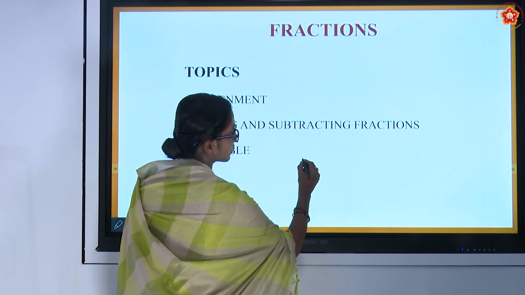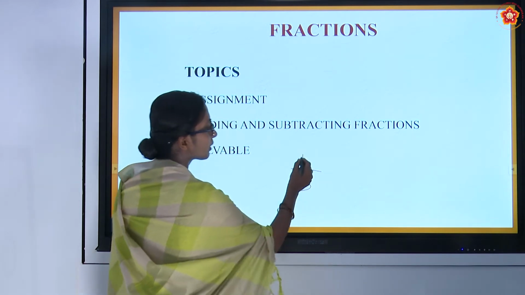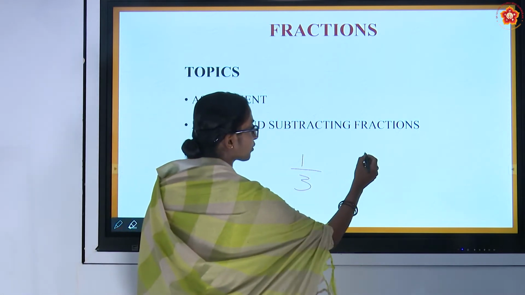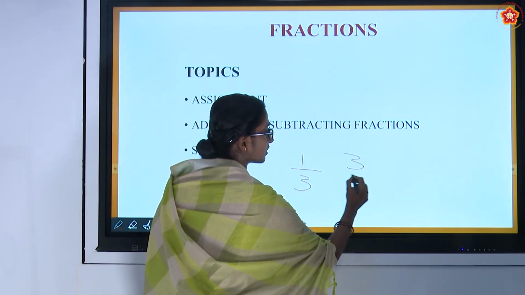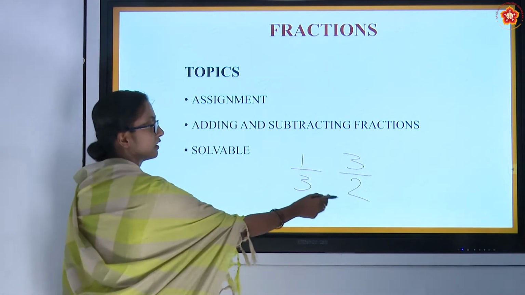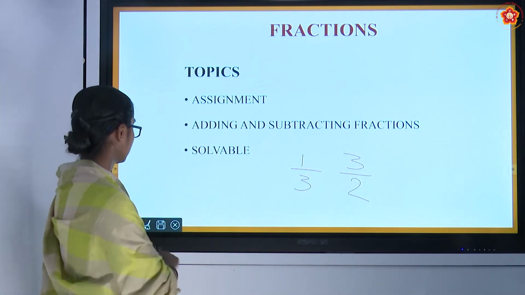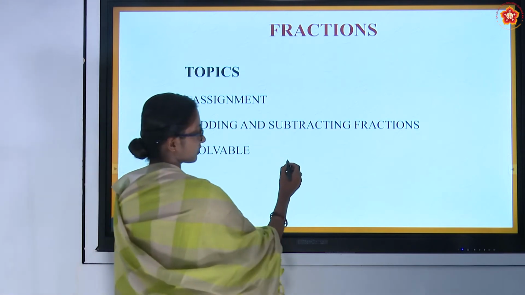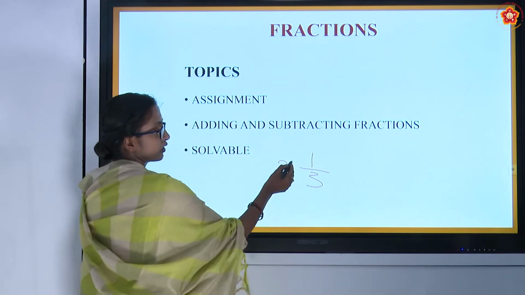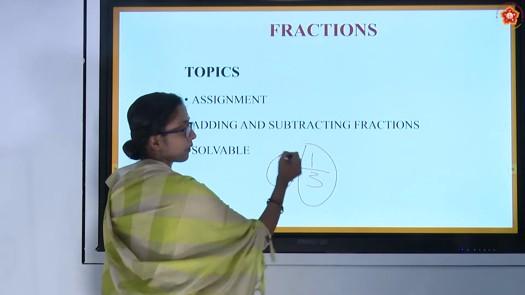Proper fraction: the numerator will be smaller than the denominator. Improper fraction: the numerator will be larger than the denominator. Mixed fraction: it includes a whole and a part.